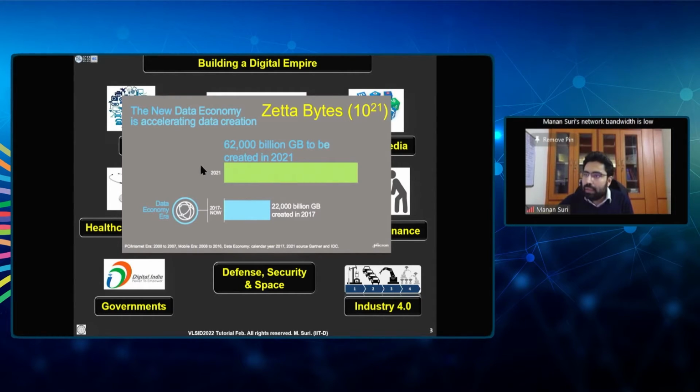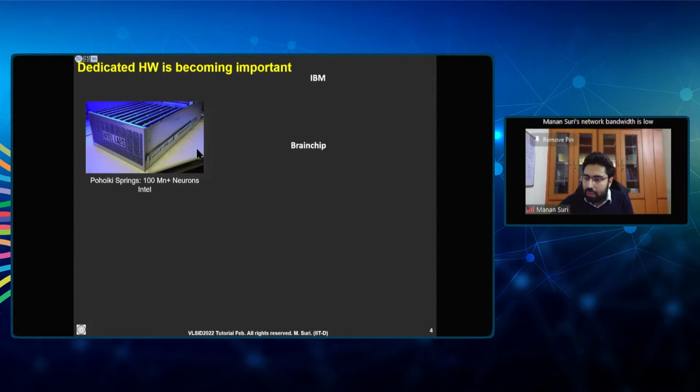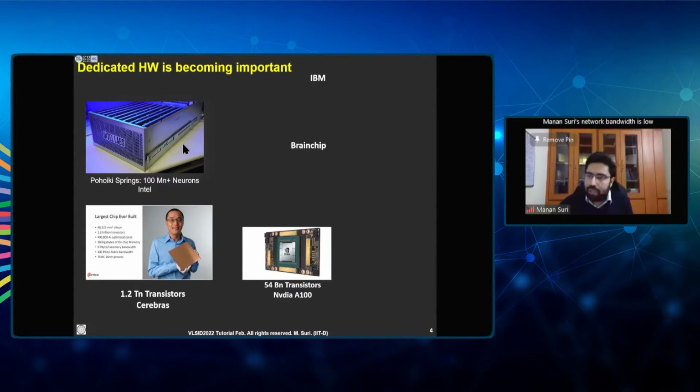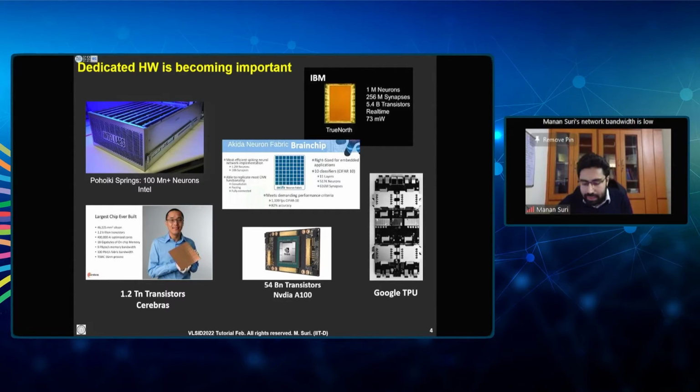Now, a slightly secondary consequence of this massive information is that the moment you have this information, you need to process it efficiently. What is happening in industry, academia, and R&D all around the globe is that there is a lot of effort and consensus that if you want to efficiently process this huge amount of information, you will need dedicated hardware.